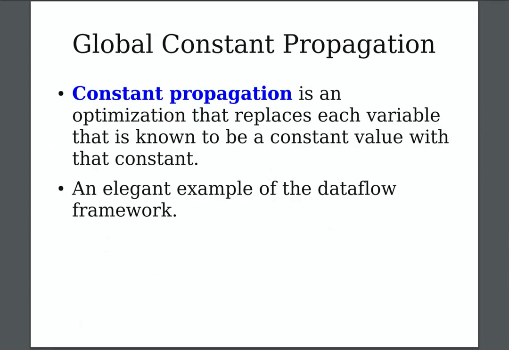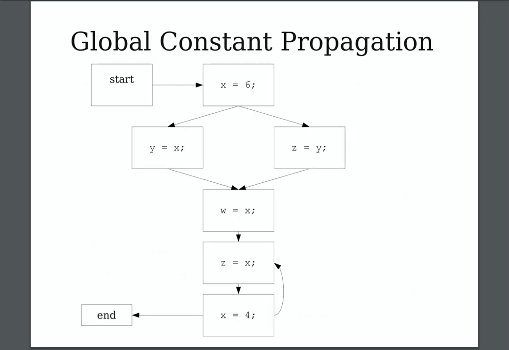Okay, so the next analysis we can look at is constant propagation, and we can use our data flow framework to perform this constant propagation. Constant propagation is a super useful tool. As you can imagine, if X is only being set to one value for your whole program, which is of course good programming practice, you shouldn't litter your code with magic values.